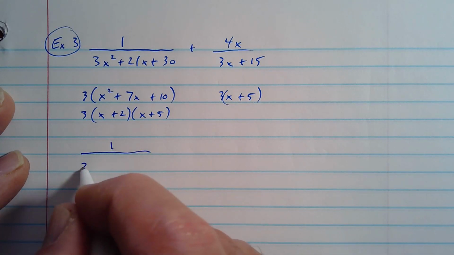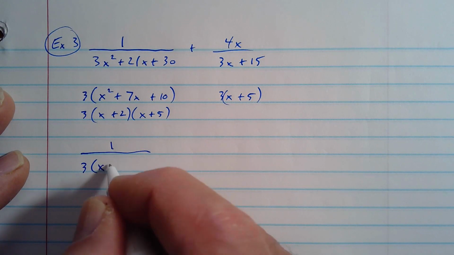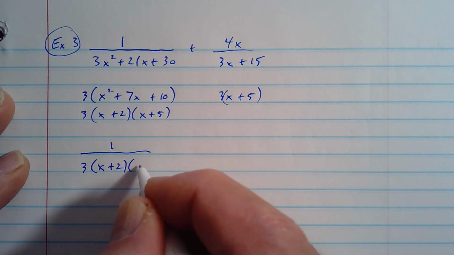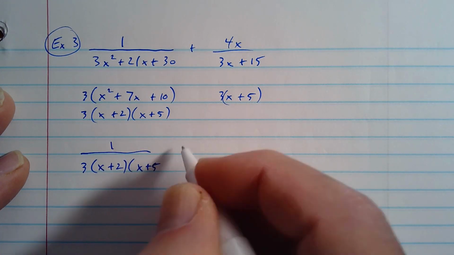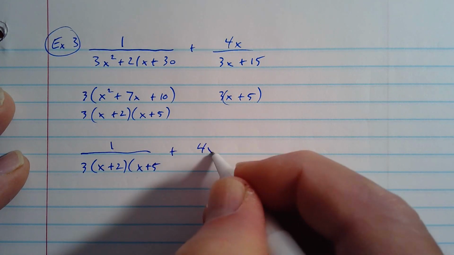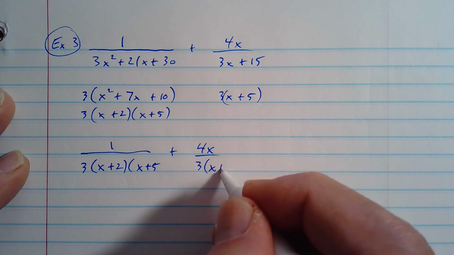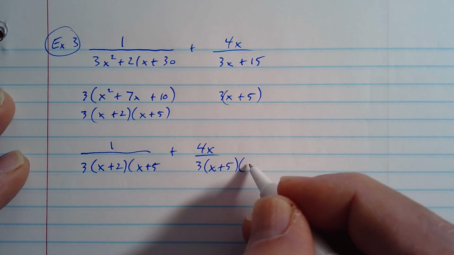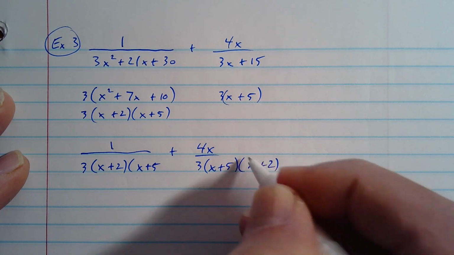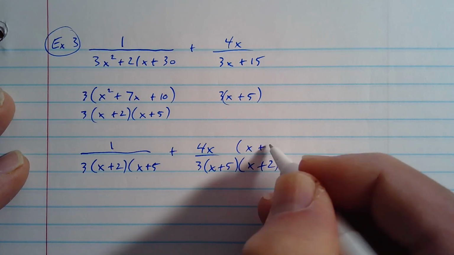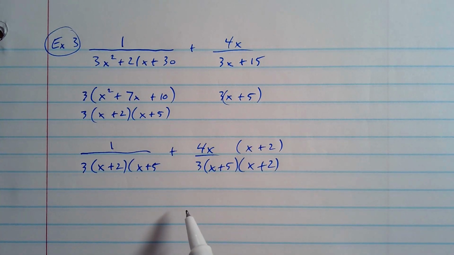We won't have to change anything there. I am going to write it as its pieces, its factors. And then we're doing plus 4x. We've got the 3 and we've got the x plus 5, but I needed that x plus 2 to get this to be the least common denominator as well.